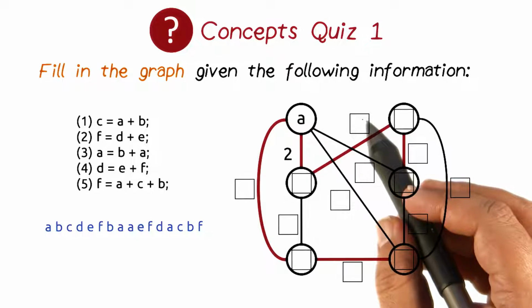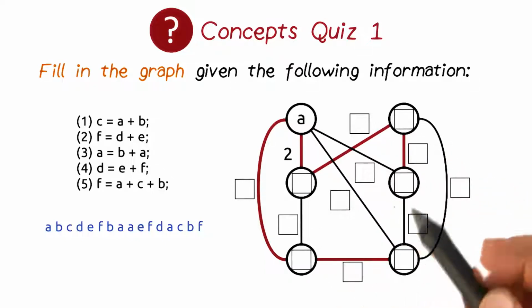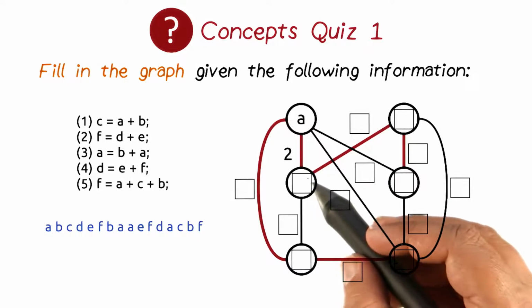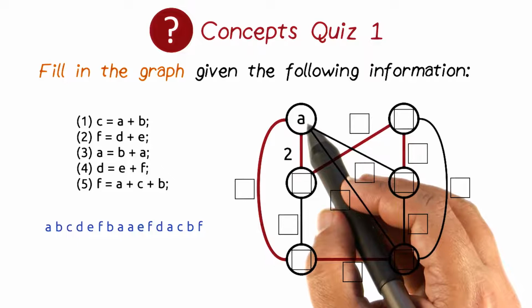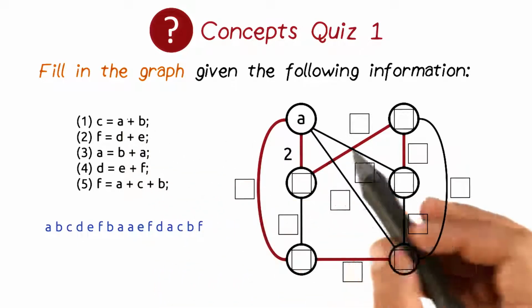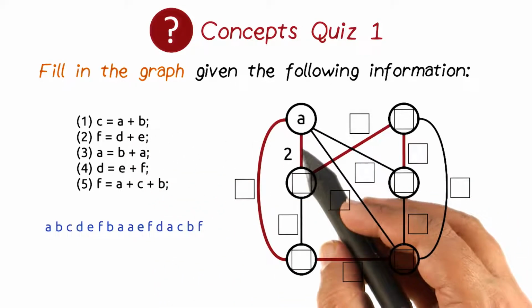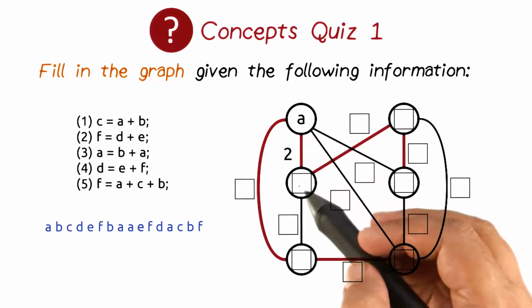All you need to do is fill in these boxes with the frequencies and fill in these other boxes with the nodes of the access graph. For example, we'll give you a starting point, which is the access node A, corresponding to the variable A, and we have an access frequency of 2 here. So obviously it's like solving a puzzle.